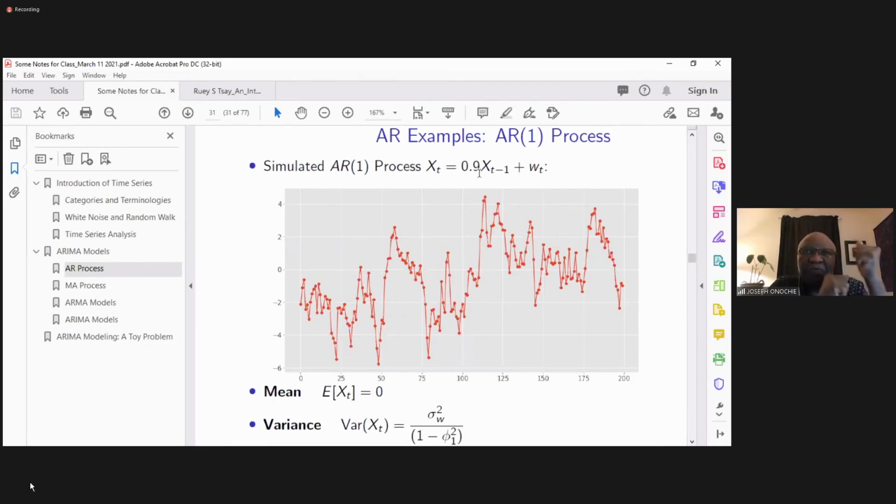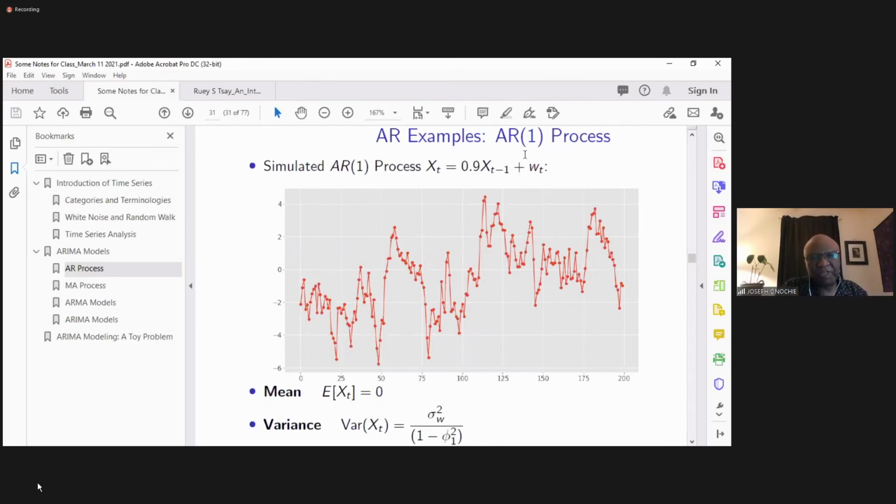But for an autoregressive process, we want the process to be stationary. Why do we want it to be stationary? Because if it is not stationary, then it can blow up in our faces. The distributions are changing every day and every month and every year. It's non-stationary. But autoregressive processes, the most well-behaved processes, are stationary.